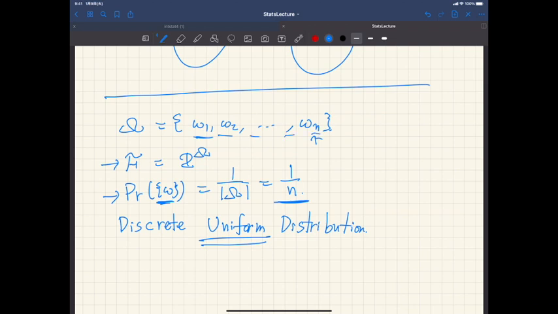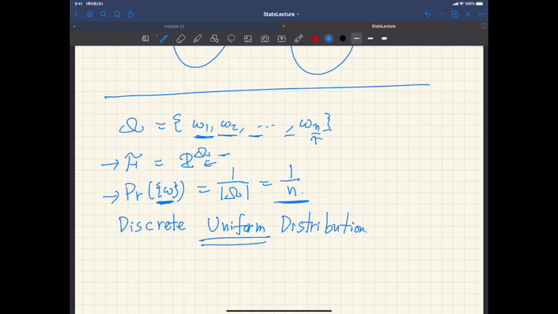So it's not really defined for all the subsets of omega. So is that a proper probability measure? Yes, of course. Because any subset of omega can be decomposed into the subsets of single elements, right?